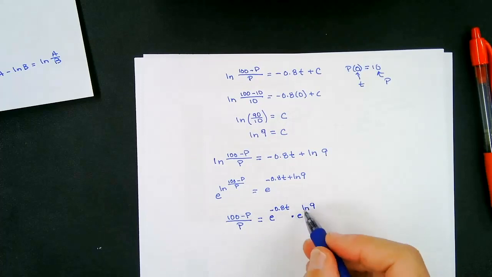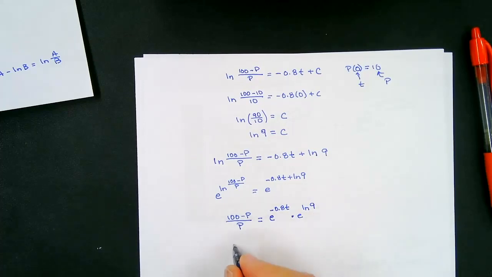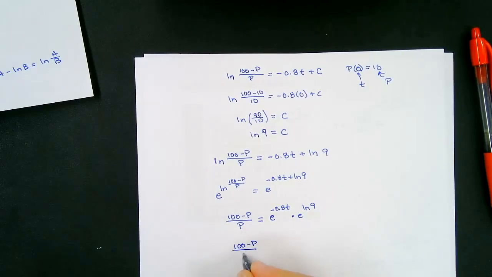But e to the ln, these are going to undo each other, so this is just going to become 9. So we have now (100 minus p) over p is equal to e to the negative 0.8 times t times 9.